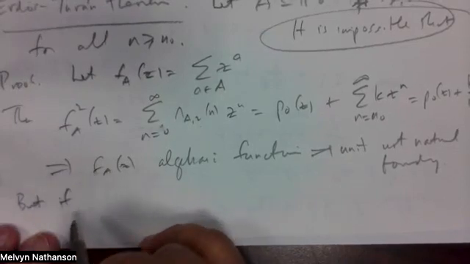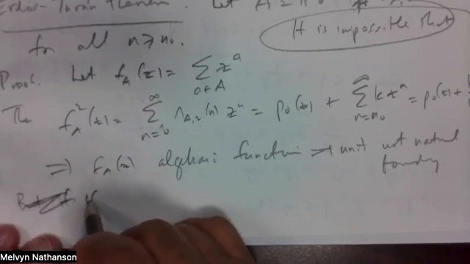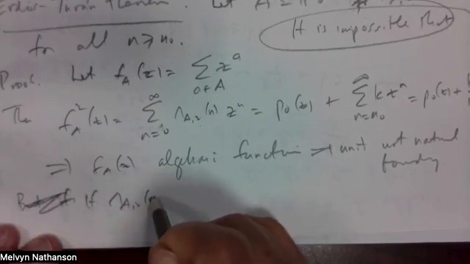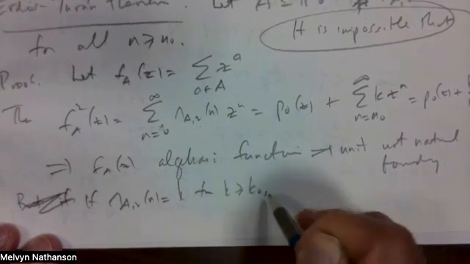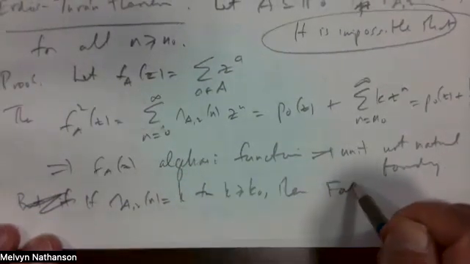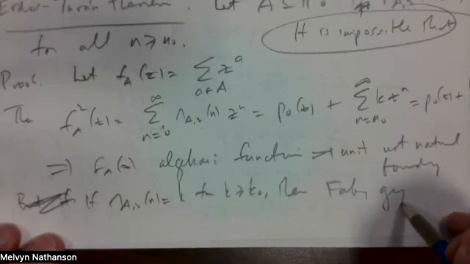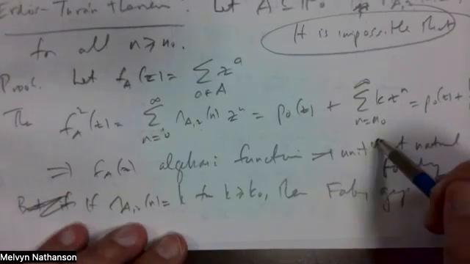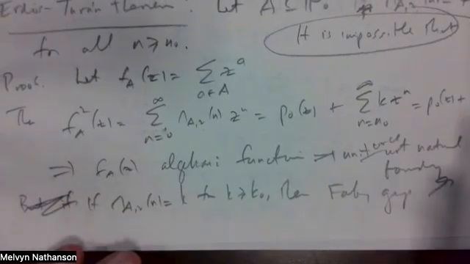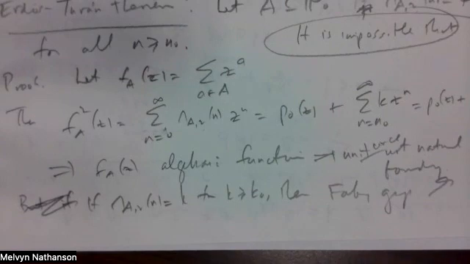But if R_2 of n were equal to k, for k greater than or equal to k naught, then Fabry's gap theorem would tell us that the unit circle is the natural boundary, and it's not. So I apologize for saying this in a slightly convoluted way, because it really is extremely simple.